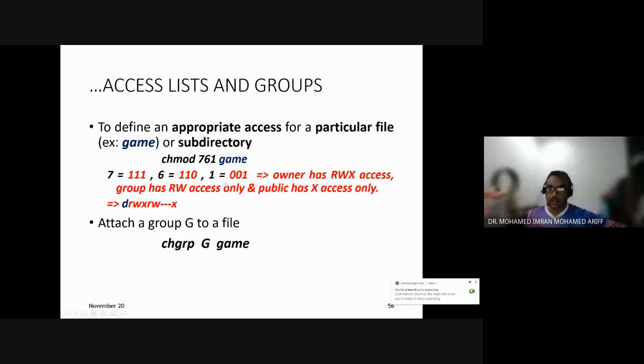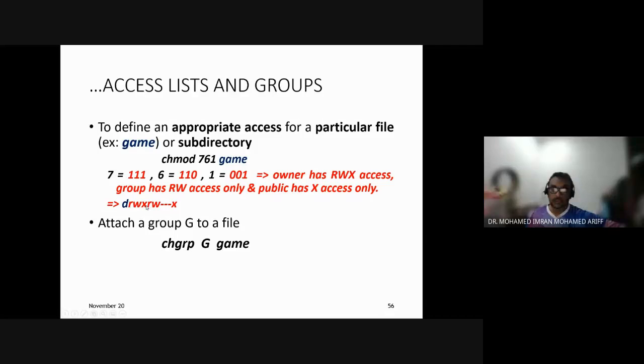Read is the first number, then write and execute. If we change it into a different format, D means directory, which is this one here. That's why I put the same font color. Read, write, execute, RWX, belongs to the owner.